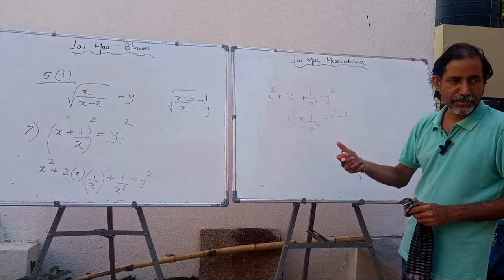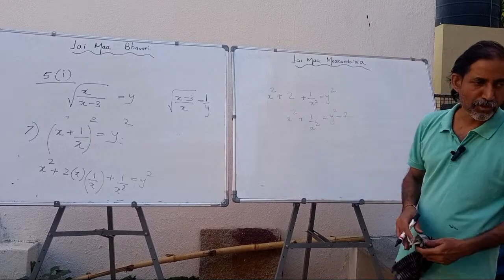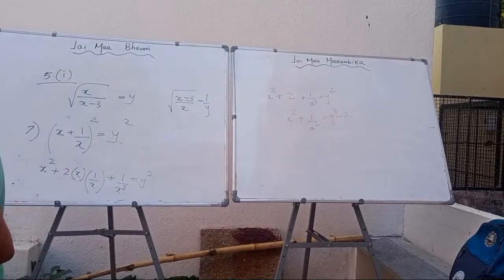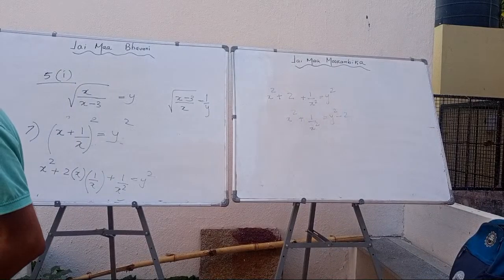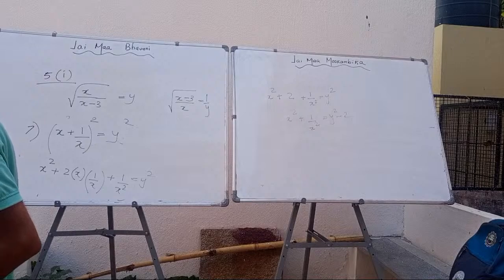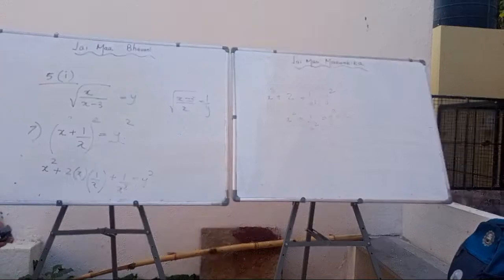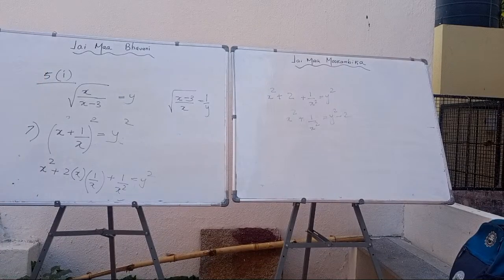You're getting this? Can you read the sixth problem? 9 bracket x into 1 by x. So what is x square plus 1 by x square?